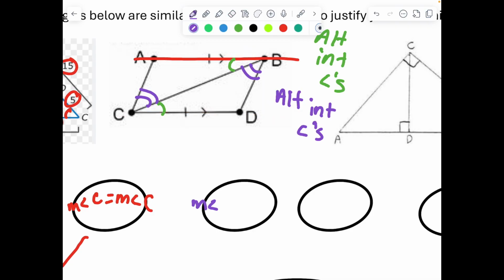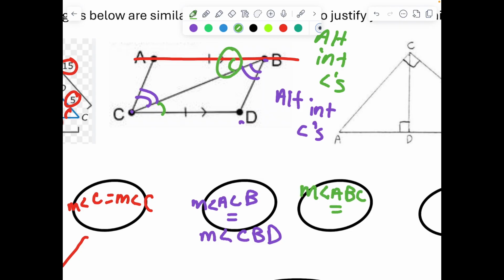So the measure of angle ACB, so that's this guy, is equal to the measure of angle CBD. And now for the green ones, the measure of angle ABC, that's this one, is equal to the measure of BCD.